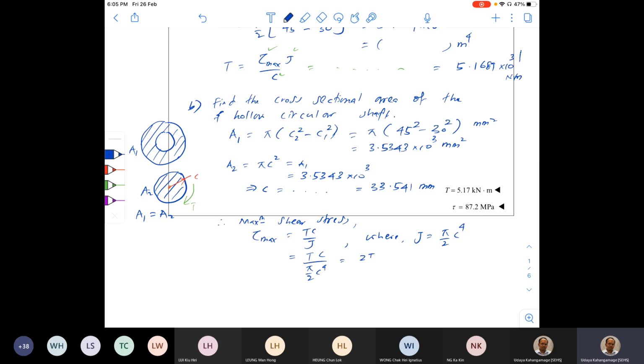After simplifying, it is 2T over pi C to the power 3. Now we know T, and we know C just calculated, therefore we can find tau max. I again do the calculation. The answer is already given to you here, right? I got 87.2 into 10 power 6 Pascal. So this is the answer.